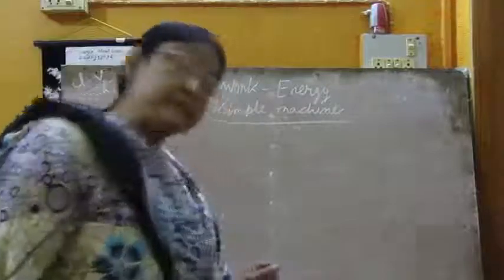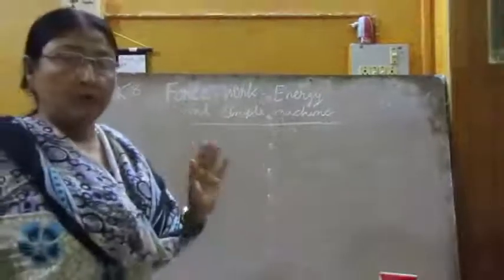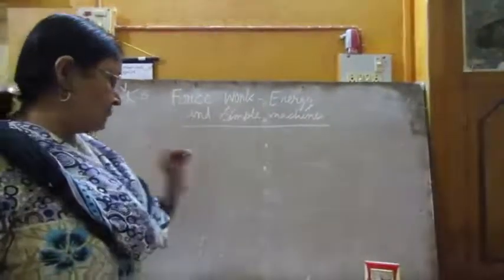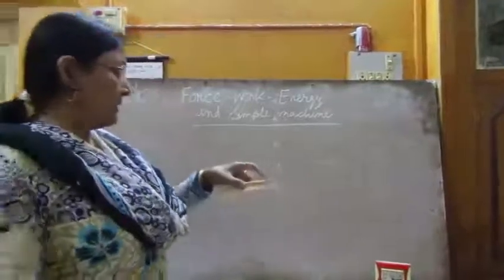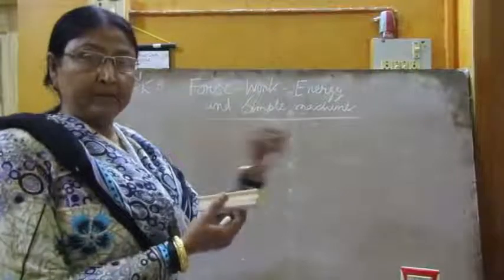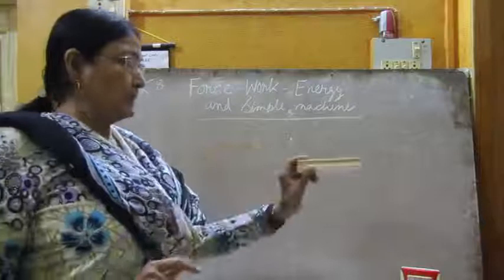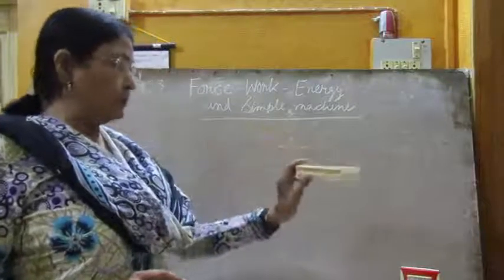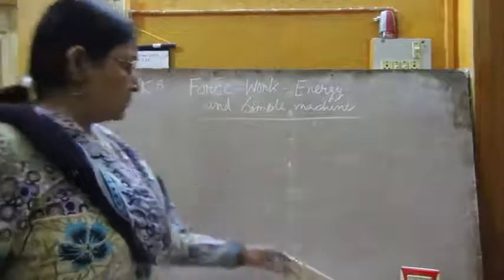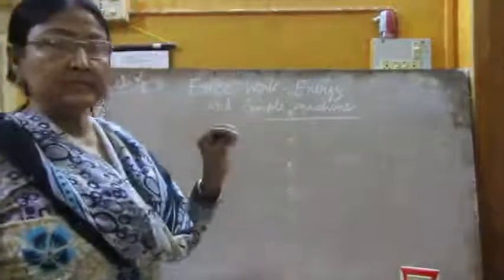First of all, let me explain what force is. Force is a pull or a push. If this is an object, if I pull it or push it, I have to apply something to make it push or make it pull. This is called force.